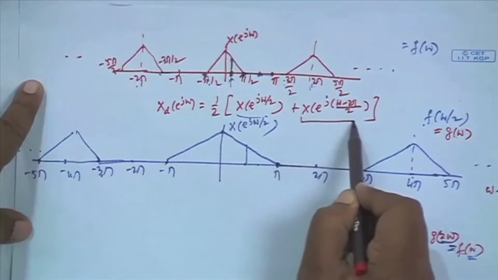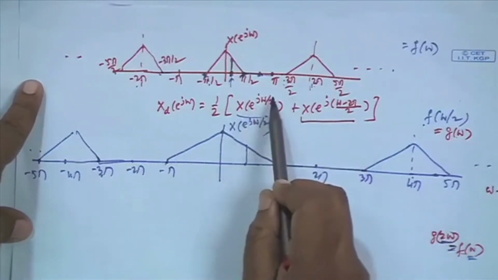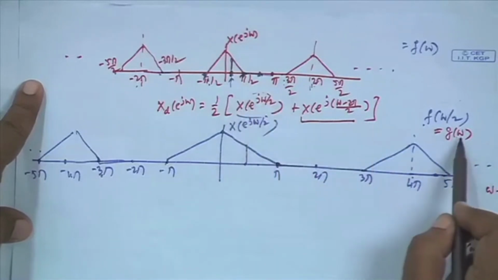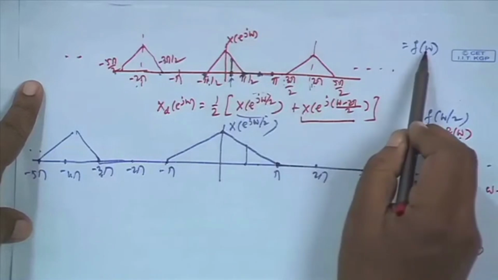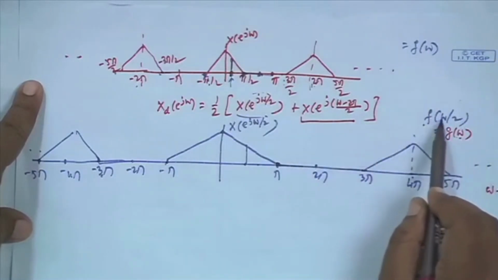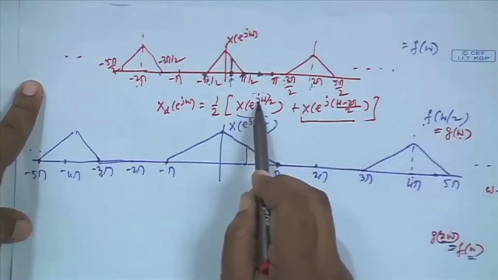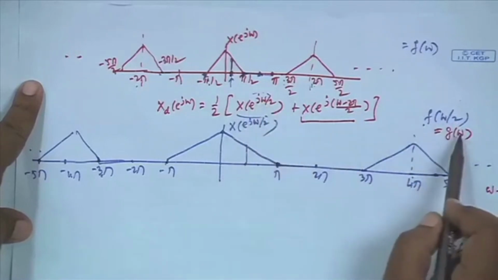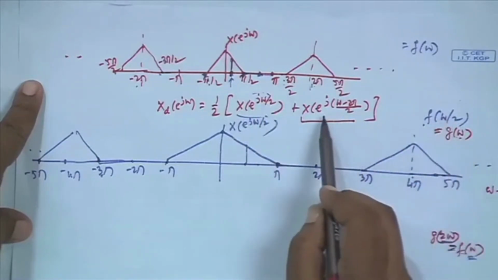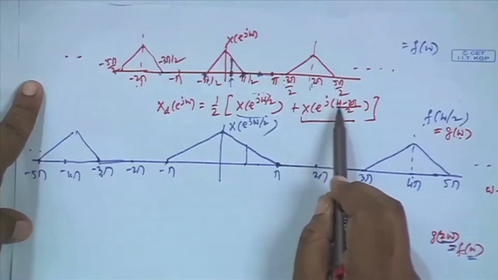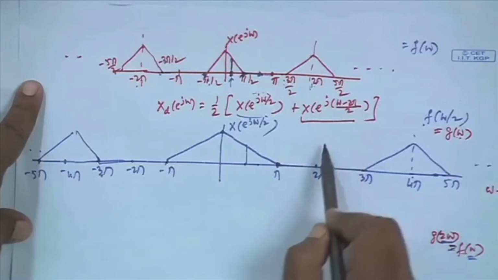How about this function? If I call this g omega, because X e to the power j omega was f omega, what is g omega? f omega by 2, that is X e to the power j omega by 2. That is g omega. Then how about this, X e to the power j, instead of omega, omega minus 2 pi, by 2?